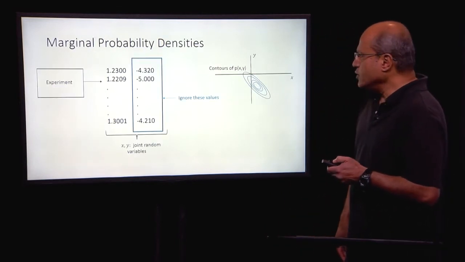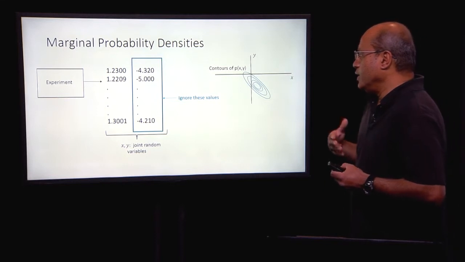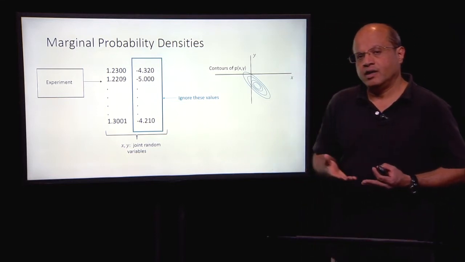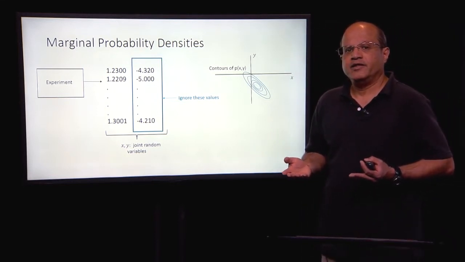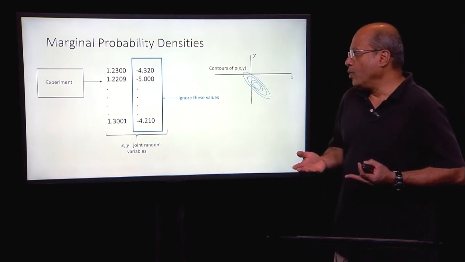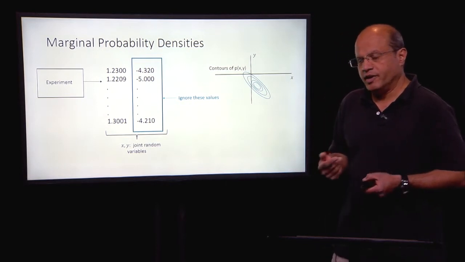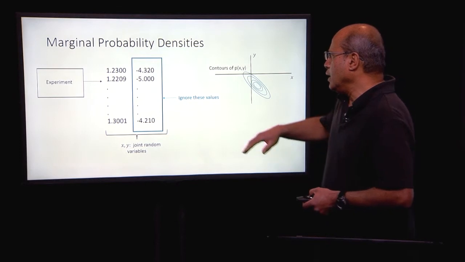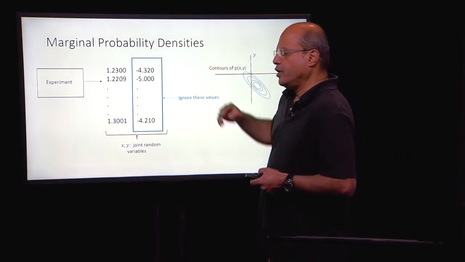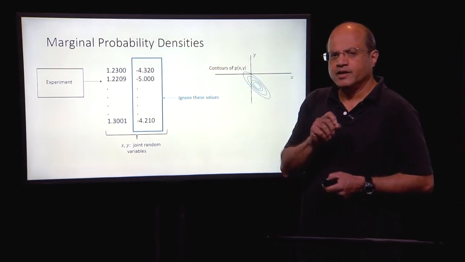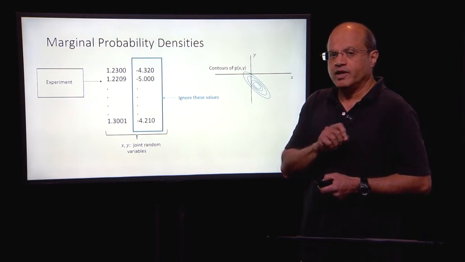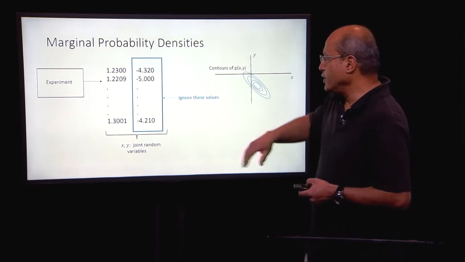Okay, so now that we are able to specify joint random variables and their PDFs, we can do something interesting with them, which is try to infer what the probability densities of each component of that multivariate density look like. So the idea is this.